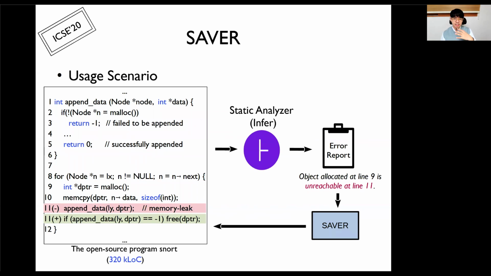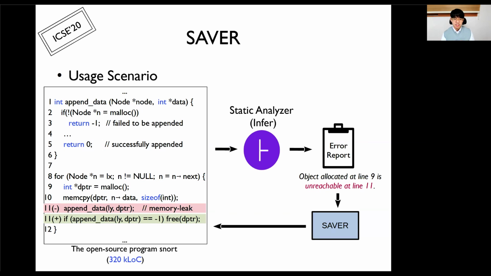So Saber takes this error report and the original Snort program as input, and it generates the following patches highlighted in green. Fixing this memory leak error is tricky because we should insert the free statement when the append data function fails to save the data.